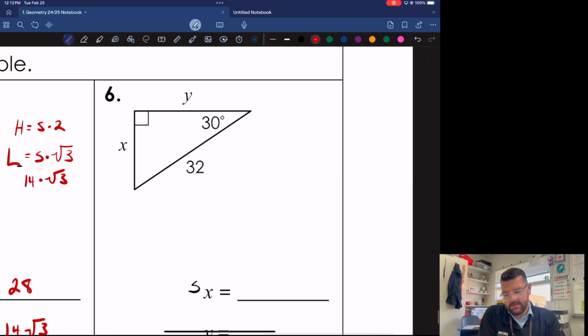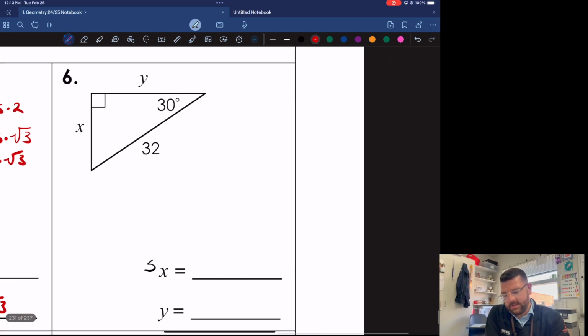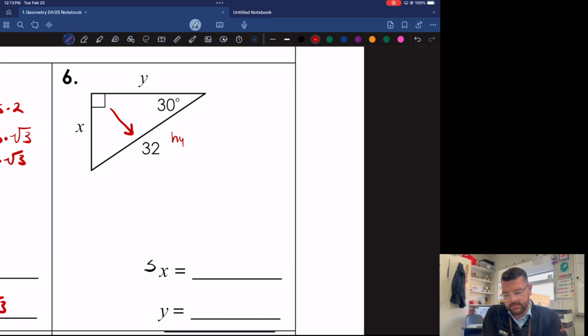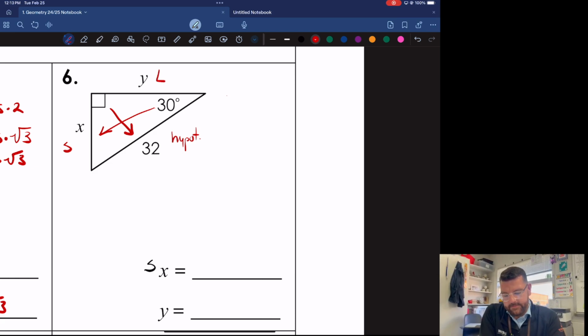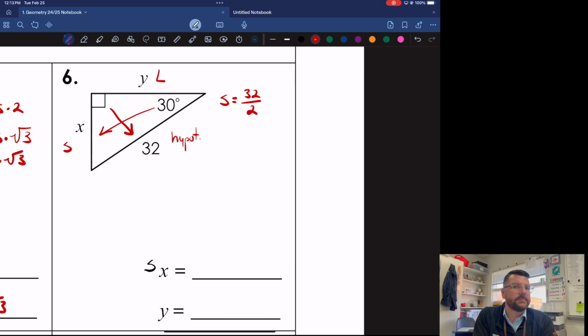Number 6 here gives me what side of the triangle? It gives me the hypotenuse. Opposite the 30 is the short side, and the last side remaining is my long side. The short side, it said, could be found by taking the hypotenuse and dividing it by 2.